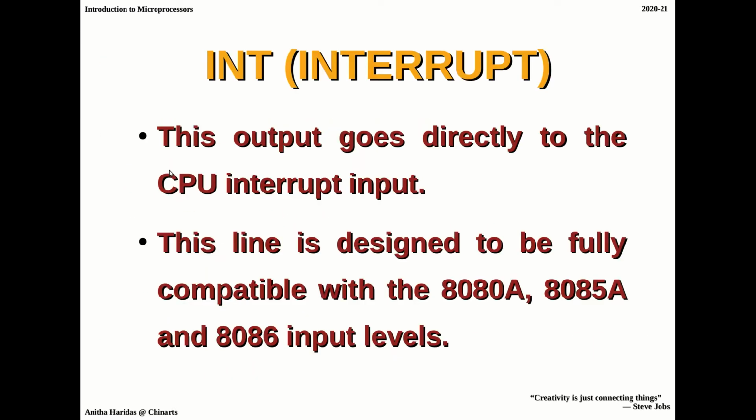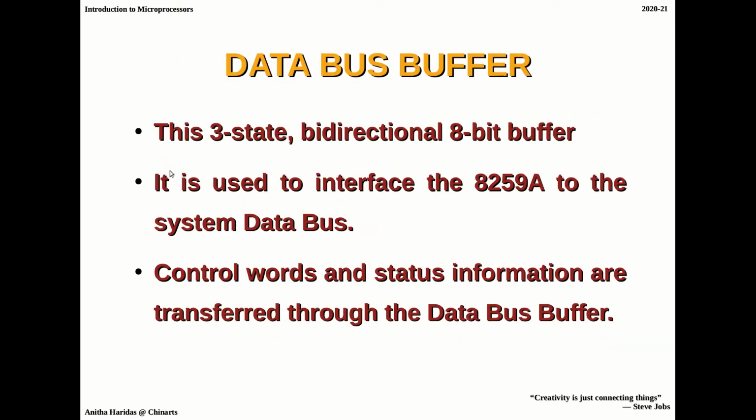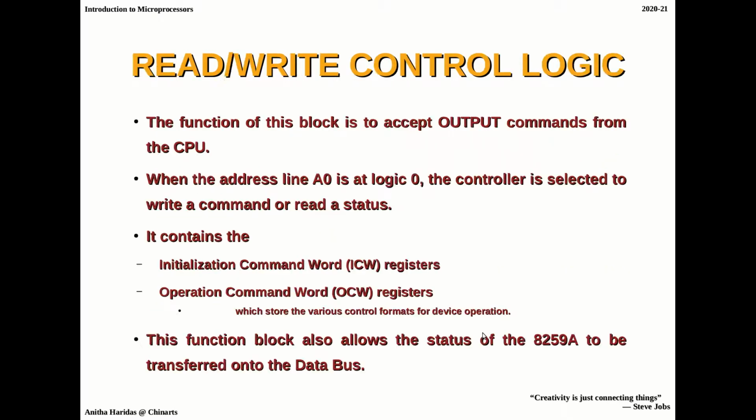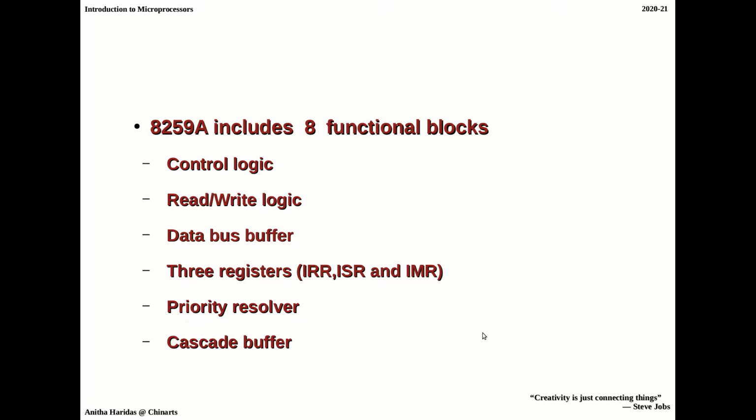So let us see what is the purpose of the data bus buffer. It is used to interface the 8259A to the system data bus, and the control words and the status information will be transferred through the data bus buffer. That is what we have seen here already.